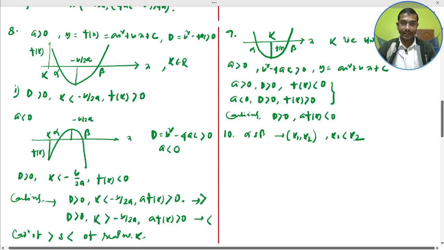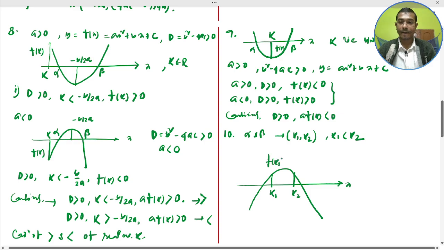So for k1 less than k2, suppose this is the axis x, and this is k1, this is k2 point, because the interval is k1 to k2.